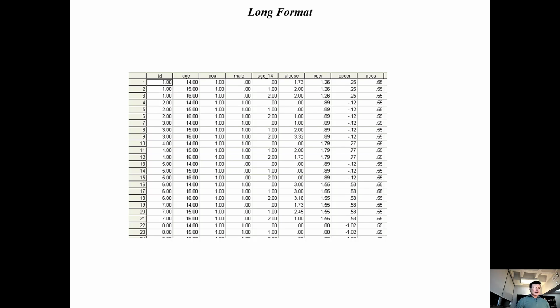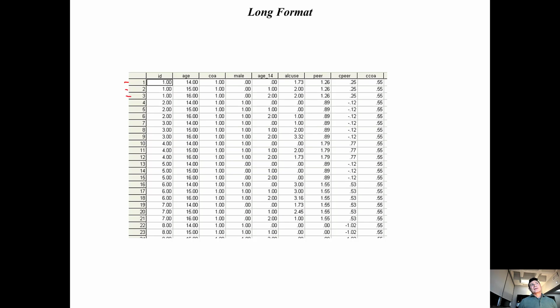When we look at this data in multi-level modeling, we're going to use the long format. So last week when we showed repeated measures and then we showed latent growth curve modeling, we used the wide format. So the wide format, again, is just to remind you, each person has 1 row. The long format, each time point has 1 row.